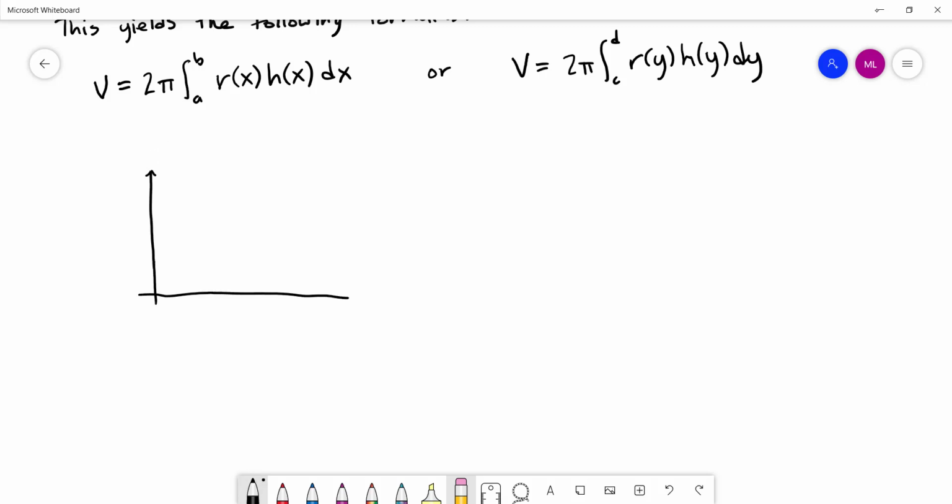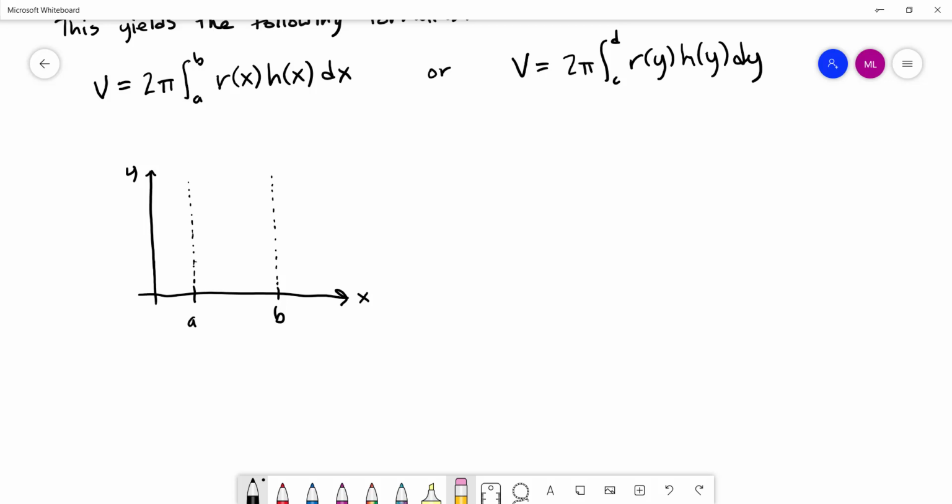So here are my axes in this case, and imagine the shape I'm dealing with is some shape that looks like this. It's going to go between A and B on the x-axis. Here's the y-axis. So here are the boundaries that we're looking between, the A and B direction.